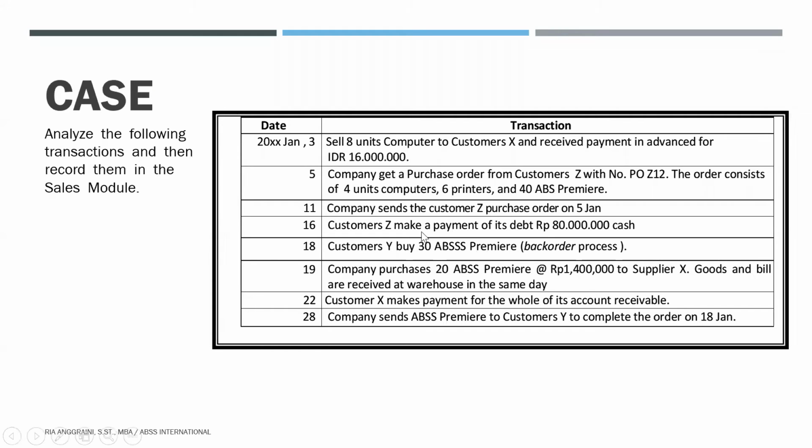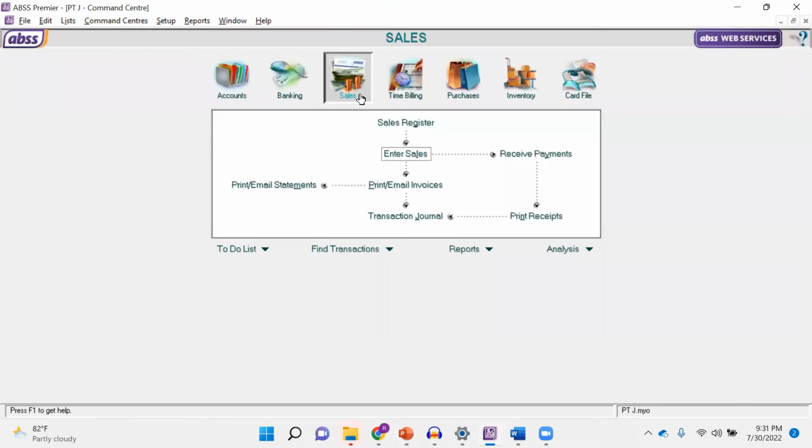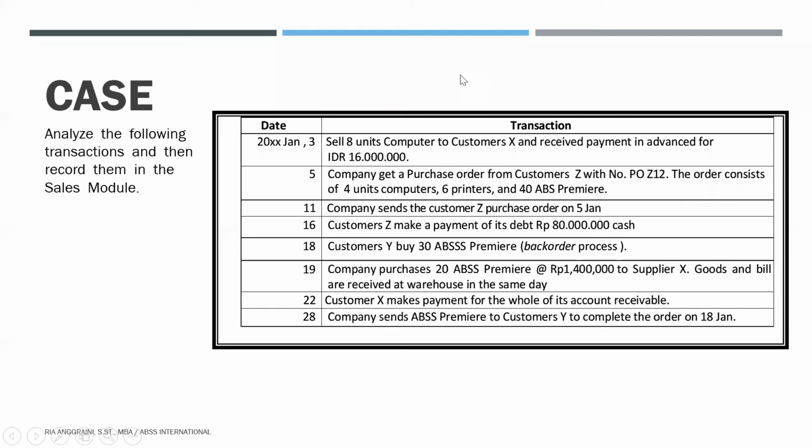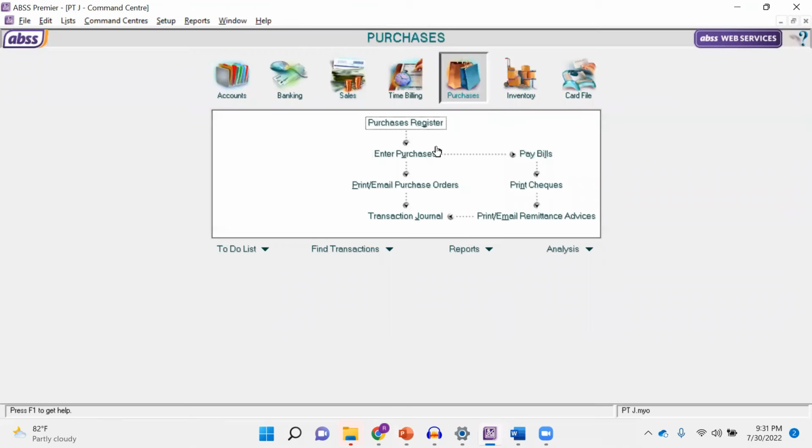Next, because we don't have enough ABSS Premier stock, we have to purchase it, right? So we can go to the purchase and then enter purchases.